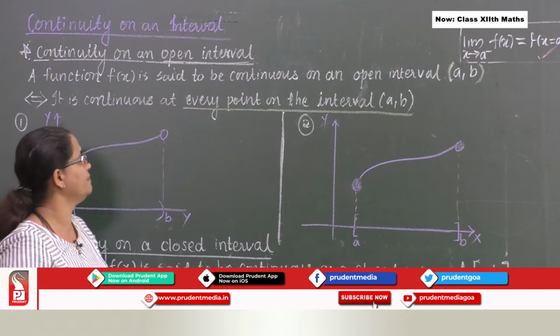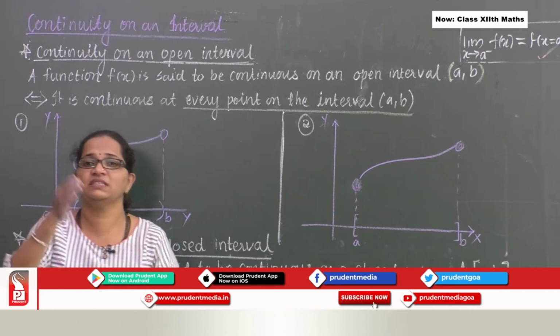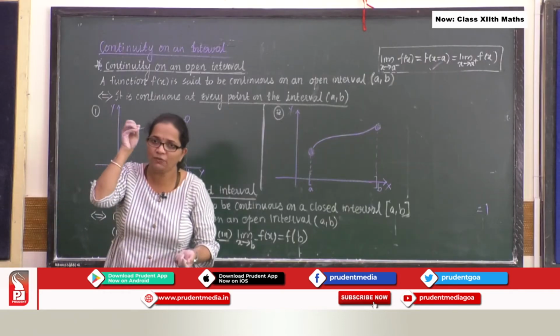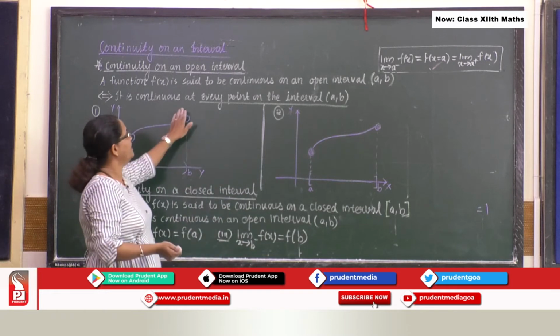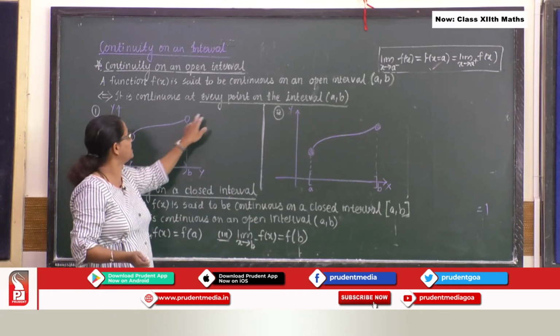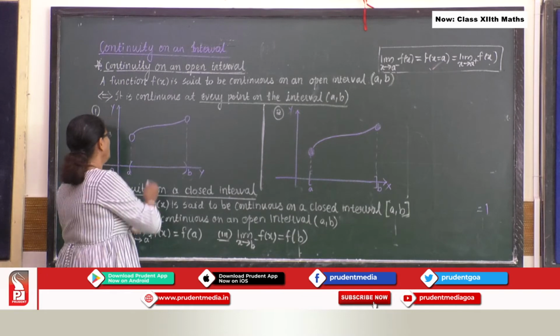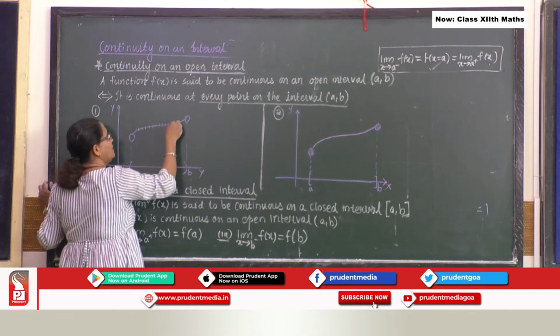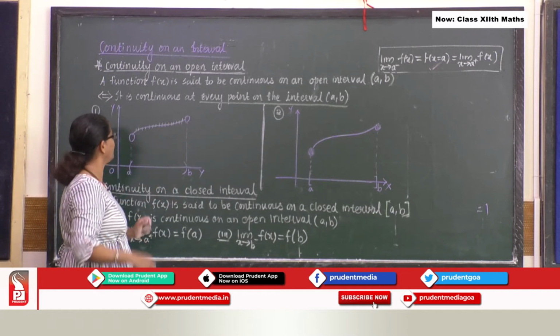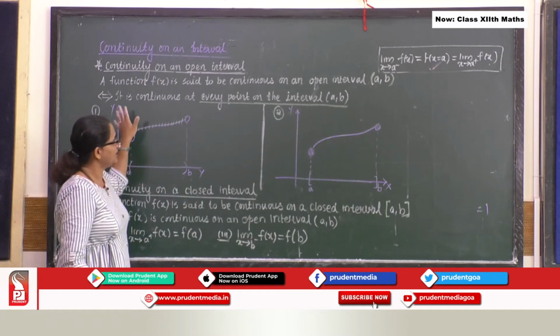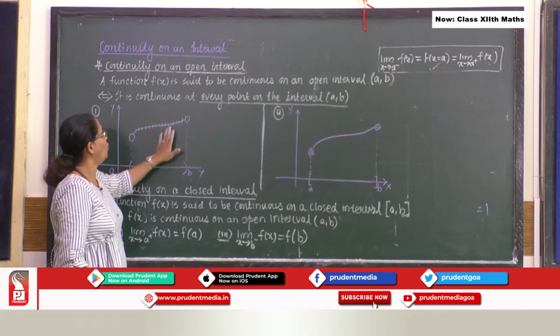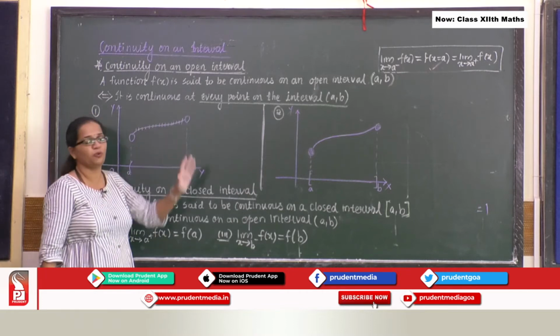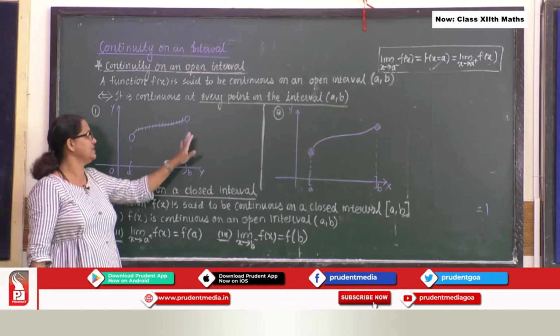This is very, very important. So what we were discussing before, at one point, we will now be discussing over this curve, over this interval. All such points which are present, what we discussed in our previous case, the continuity will hold good for all these points which are present on this curve.